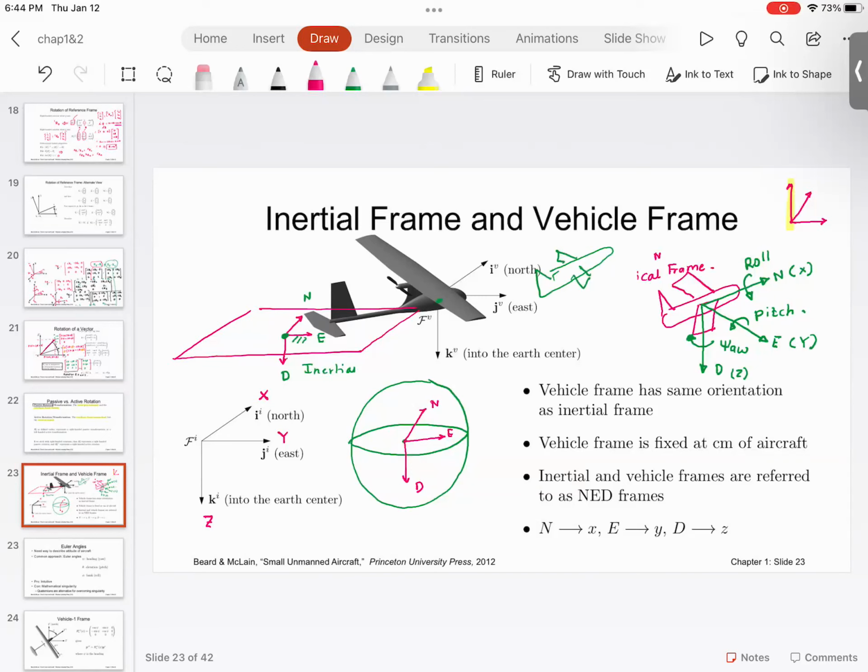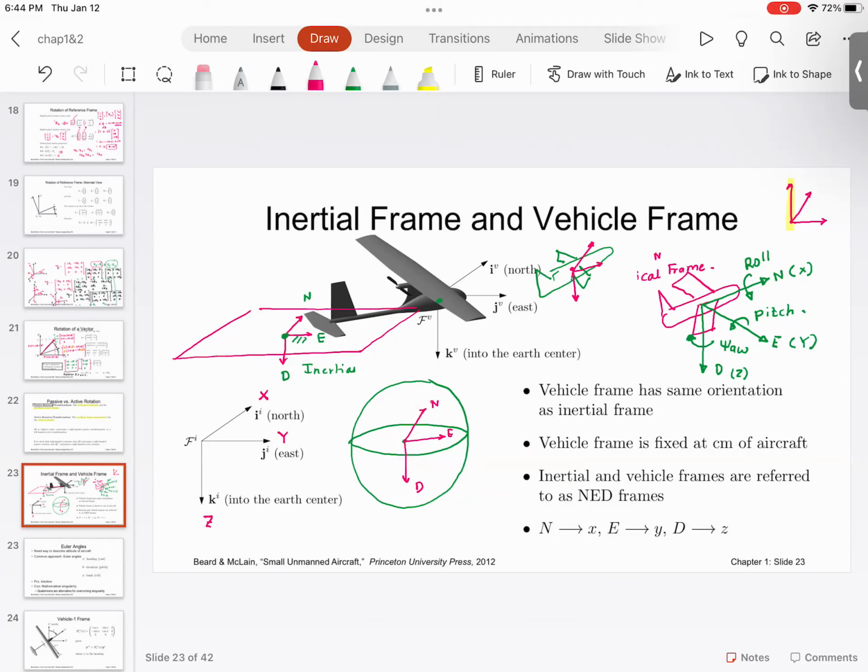I'm going to take this inertial frame and place it at the vehicle frame. So think about it like something like this. And this second frame is representing the translation of the CG of the aircraft from the inertial frame. So that frame is indicating the pure translation.